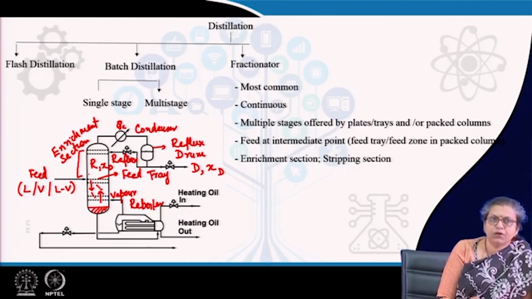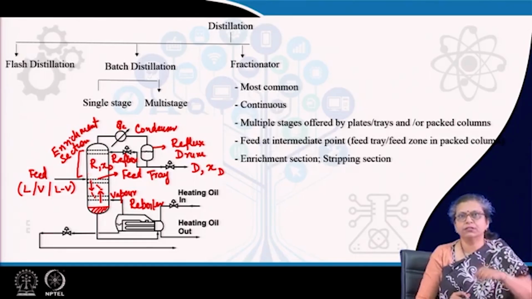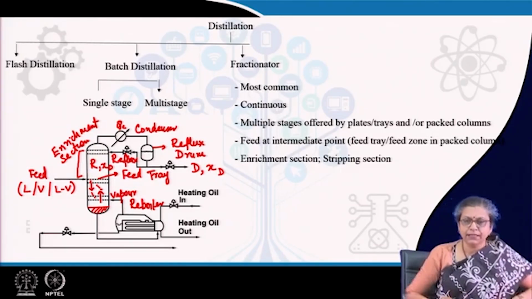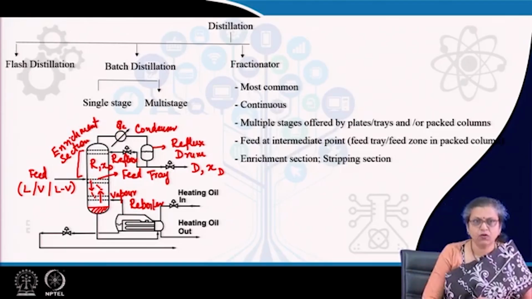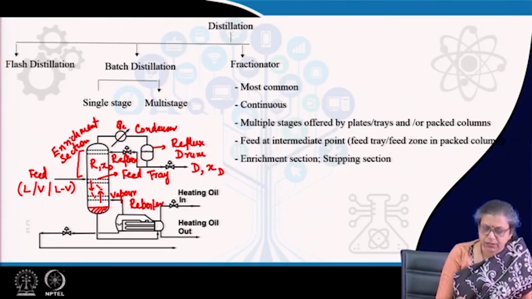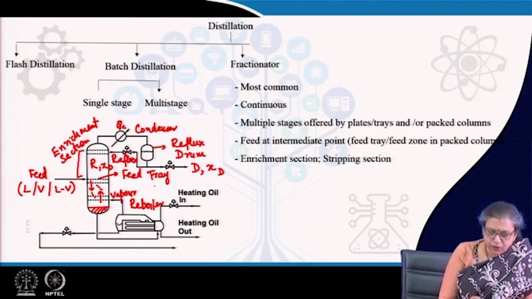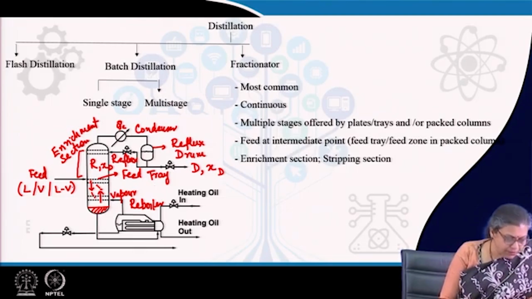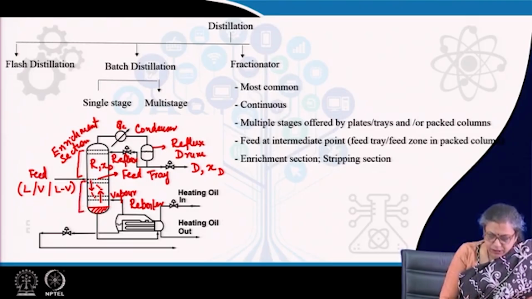So, after we have found the number of ideal trays, we consider a fractional overall efficiency, and we then compute the actual number of trays required to effect this separation. Therefore, the section where the vapor is stripped of its less volatile components is known as the stripping section.